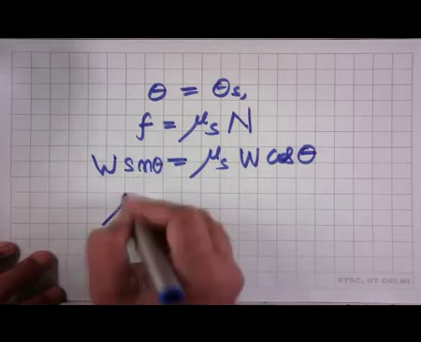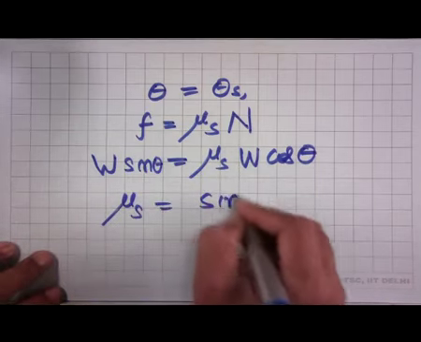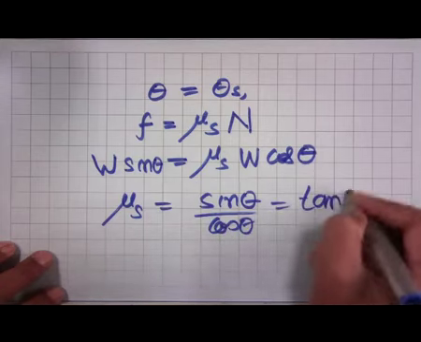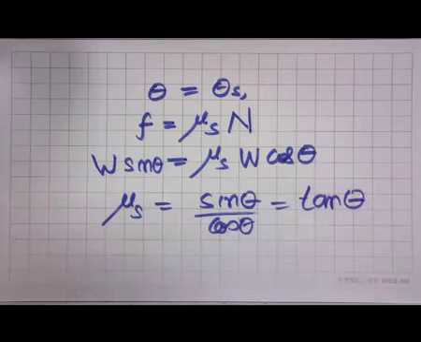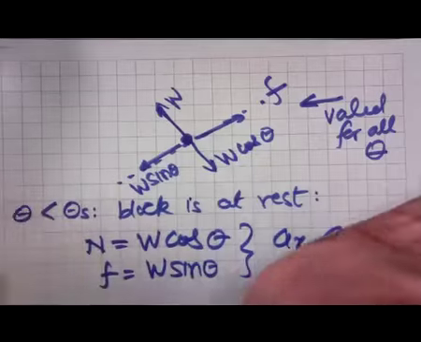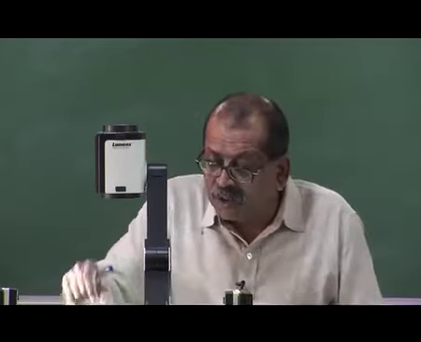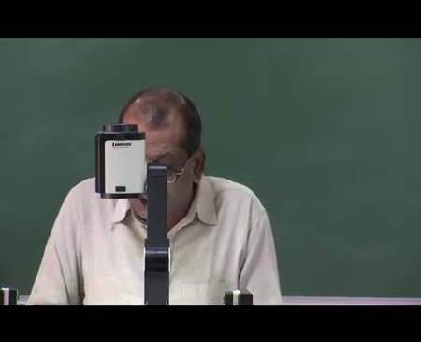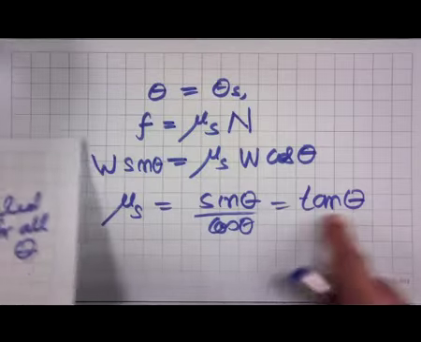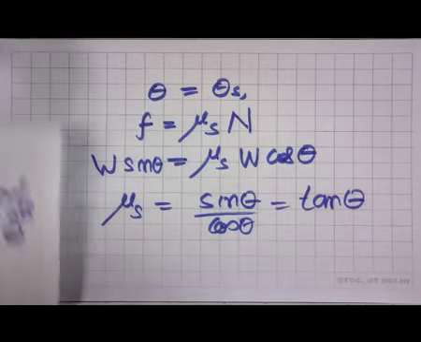Therefore, mu s is equal to sin theta upon cos theta, which is equal to tan theta. This is how one determines the coefficient of static friction: you slowly increase the inclination, and the angle at which the body lying on the incline starts to slip gives you the coefficient of friction between these two bodies. The tangent of that angle gives you the coefficient of friction.